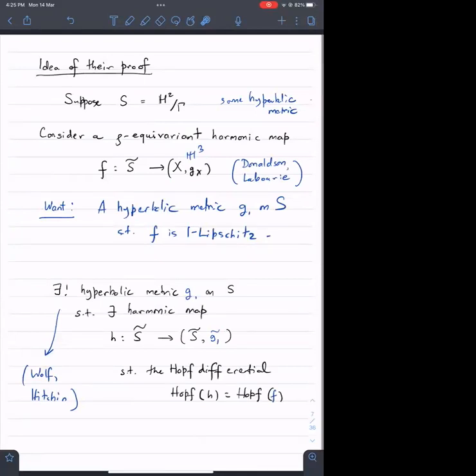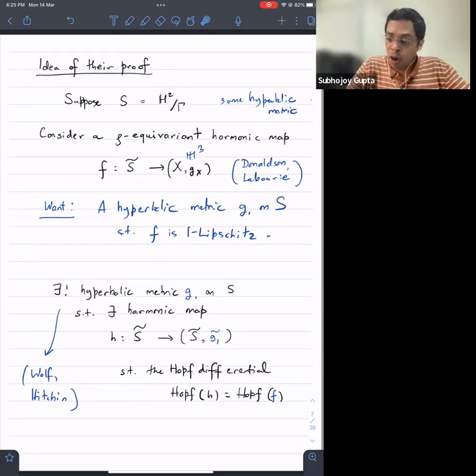Essentially, if the result of this modification is your original metric itself, then what you want is this map to be one Lipschitz.